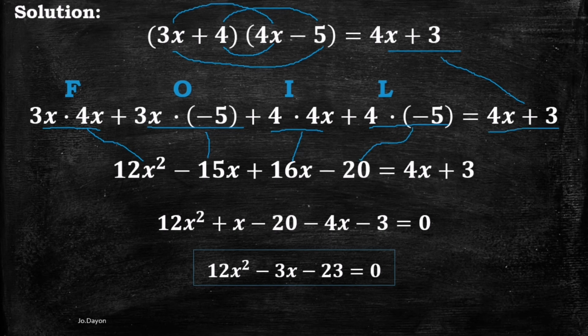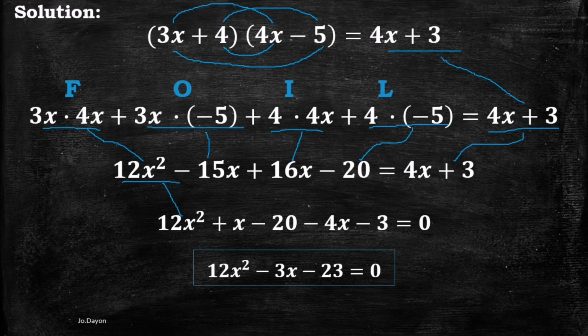You copy 4x plus 3 on the right side of the equation. So now we are going to equate the right side of the equation to 0. But how? Of course, we'll just apply the transposition method, but the origin of that is applying the properties of equality.